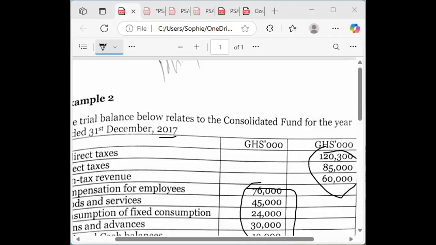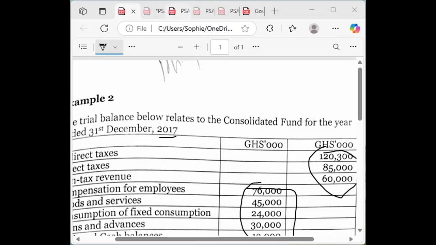Okay, please, I'm sharing two screens at the same time. I hope you can see. Hello, please, are you there? Yes, sir. It's just one screen that is showing, only the question.